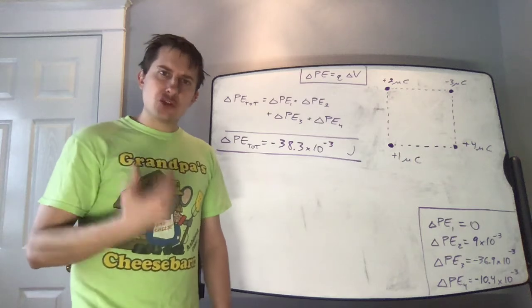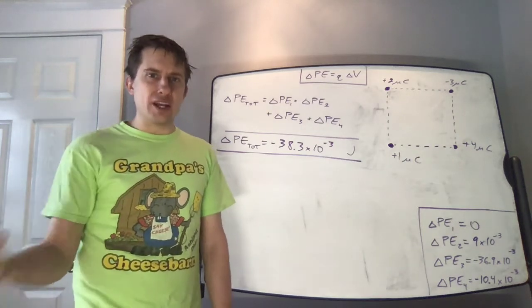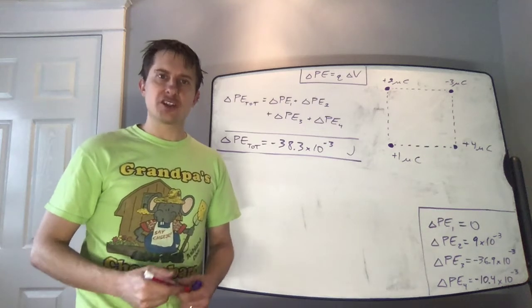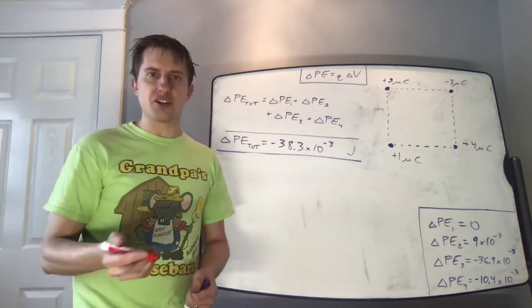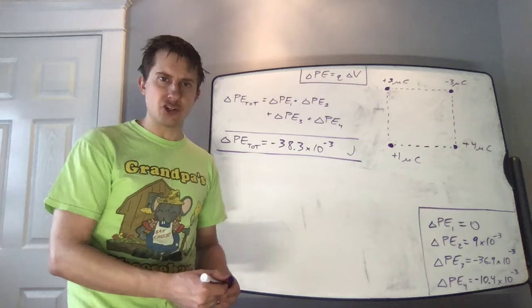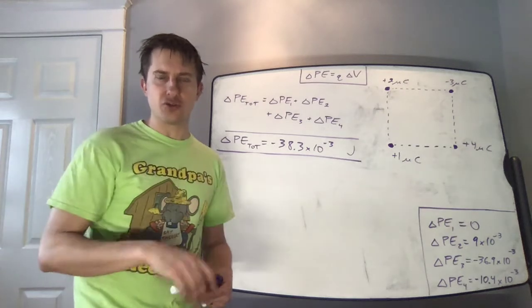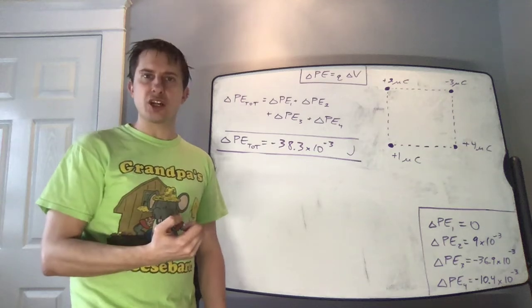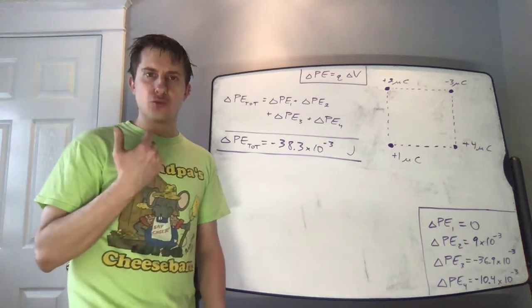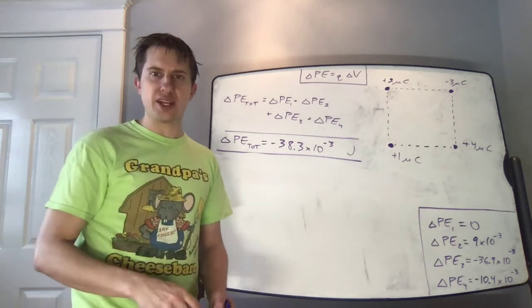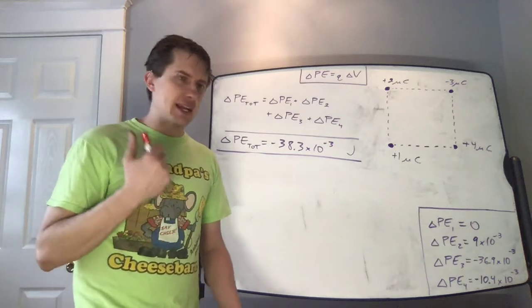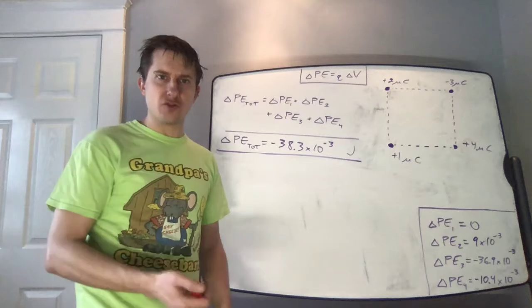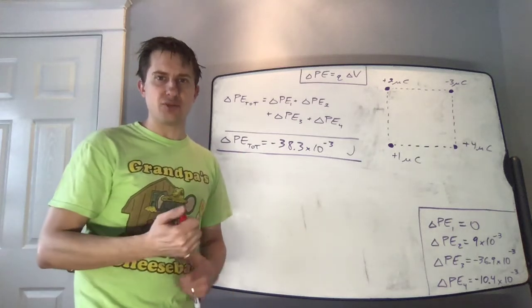We have moved each particle from infinitely far away into its final position in the specific configuration of charges, and we calculated the corresponding change in electric potential energy as we moved each particle to its final position. We found that there was zero change in the electric potential energy when we moved the first charge into place, and there was a non-zero amount of change in electric potential energy when we moved each subsequent particle into place.